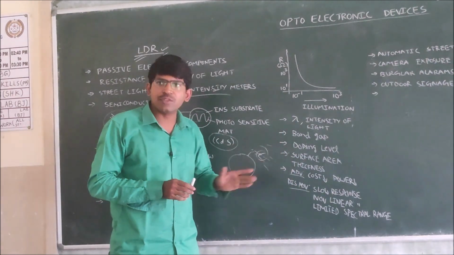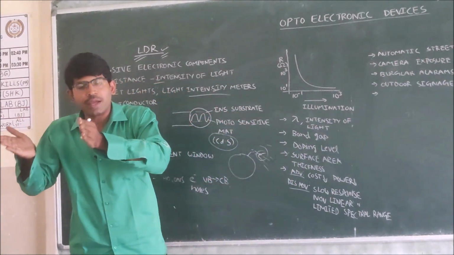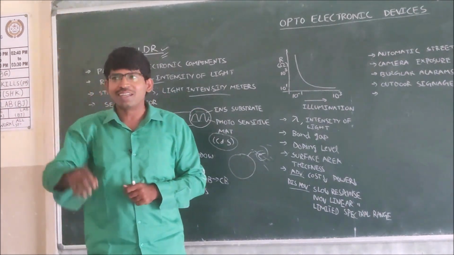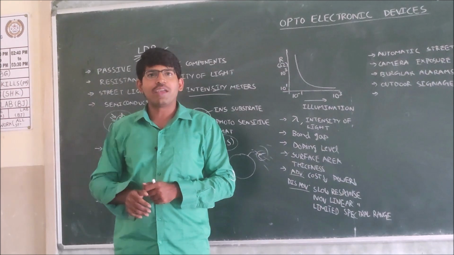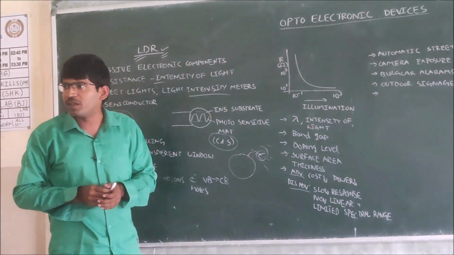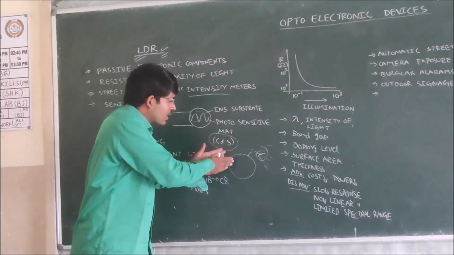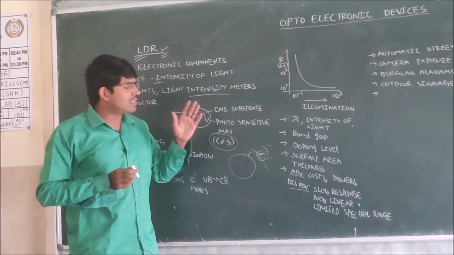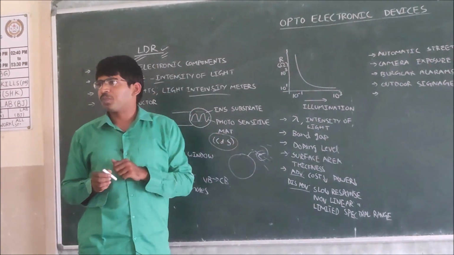If more electrons are coming from the atoms, then the resistance of this material is decreasing. This is the property of LDR. When more light falls on this photosensitive material, more electrons are coming out and the resistance is decreasing. This is the property of this LDR.